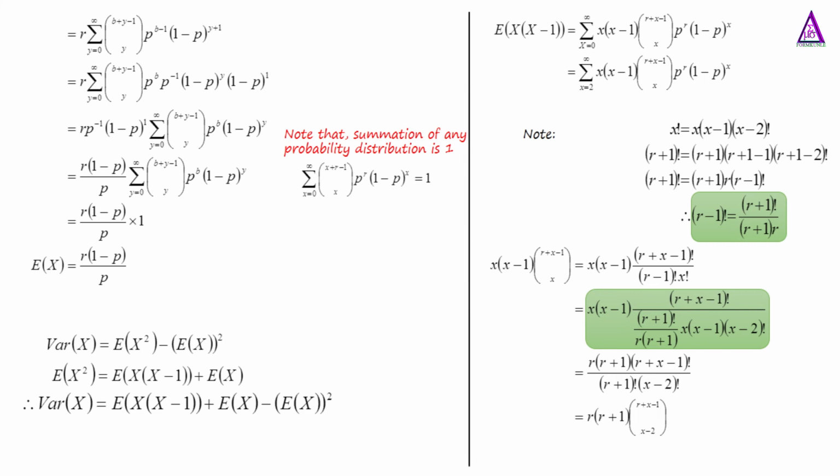And when we are talking about x into bracket x minus 1 times the combination r plus x minus 1 choose x, we can rewrite it as x into bracket x minus 1 into the bracket r plus x minus 1 factorial divided by r minus 1 factorial x factorial. And by expanding this equation, we have this. So that's how we get all this.